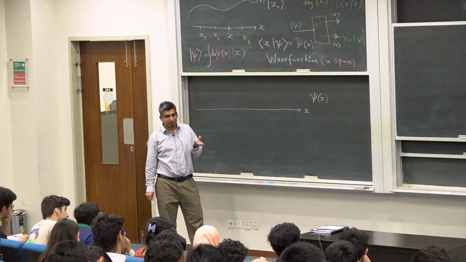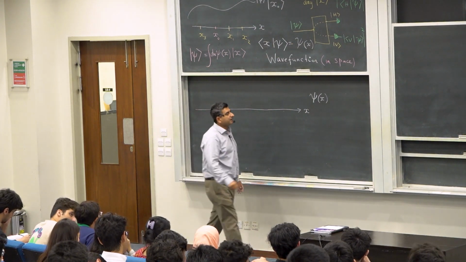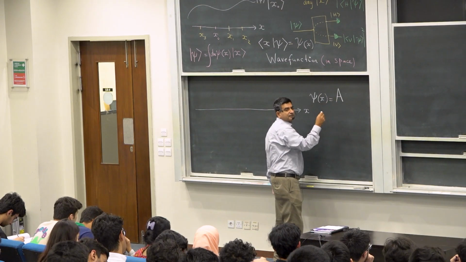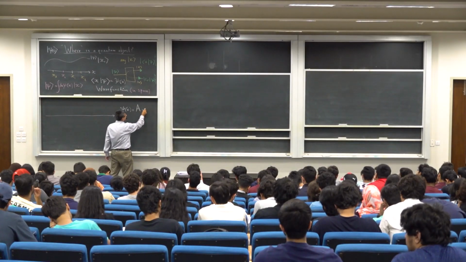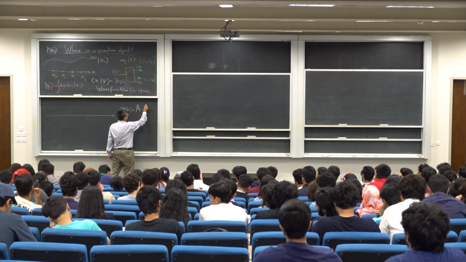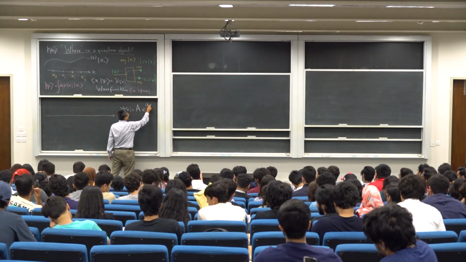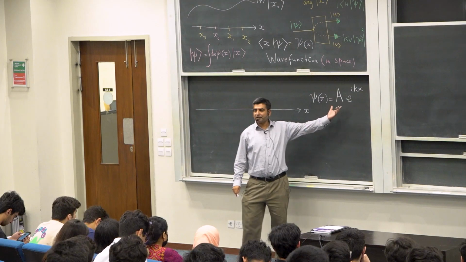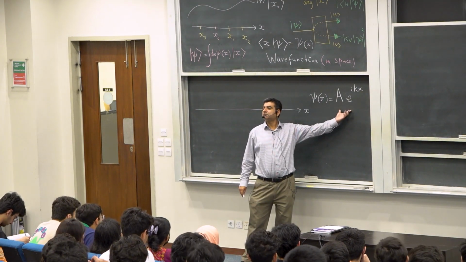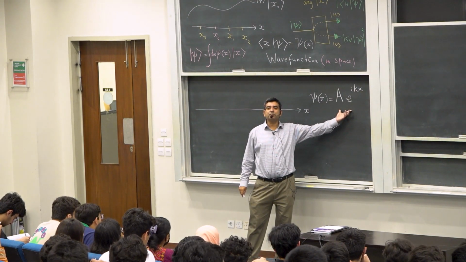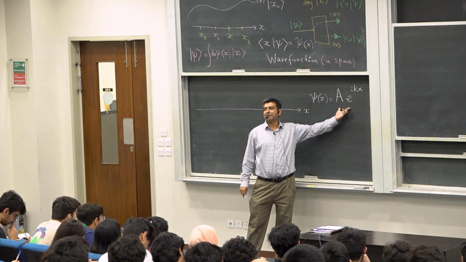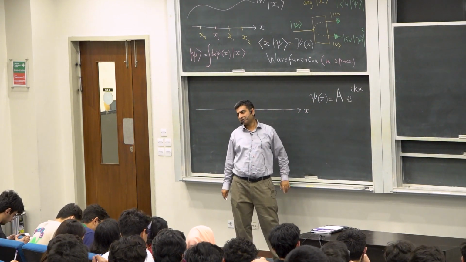Suppose my function is A times e to the i k x. Is this a ket or a bra? Yes or no? No. It's a function of x. I propose that this is my wave function.